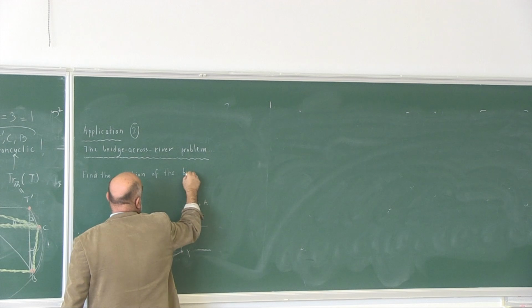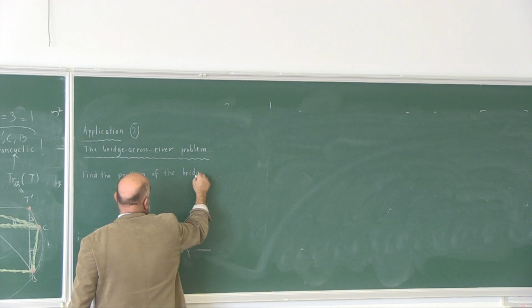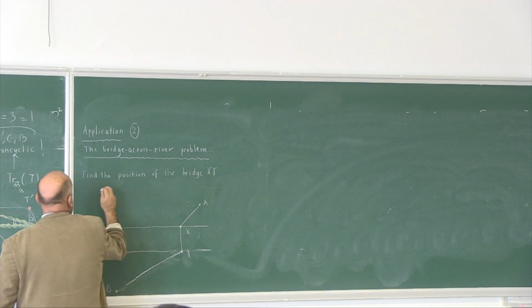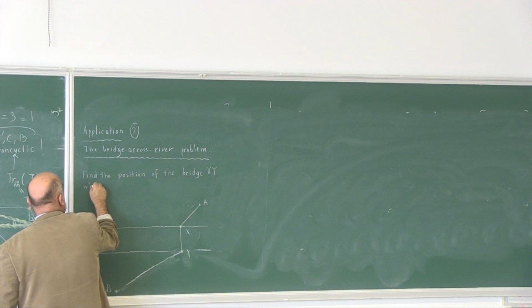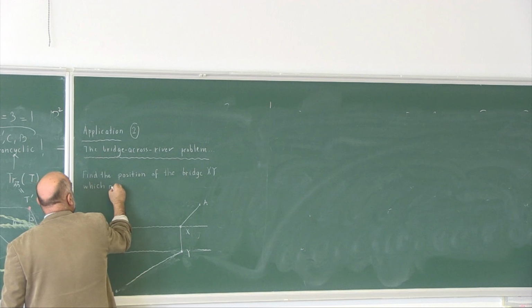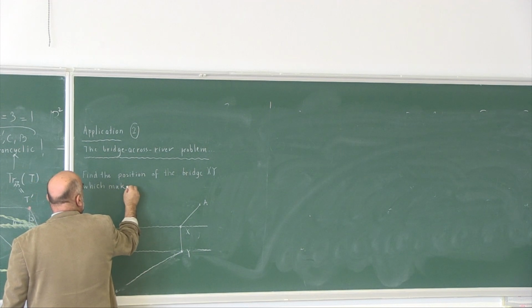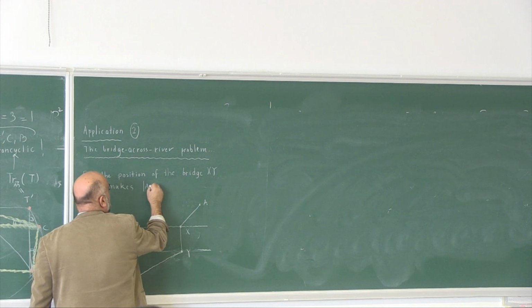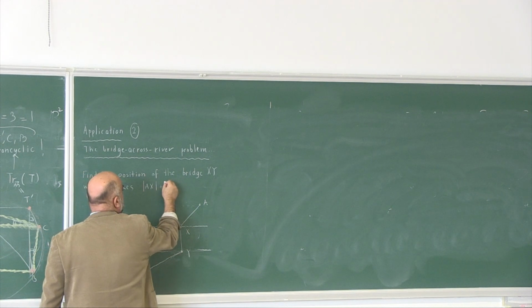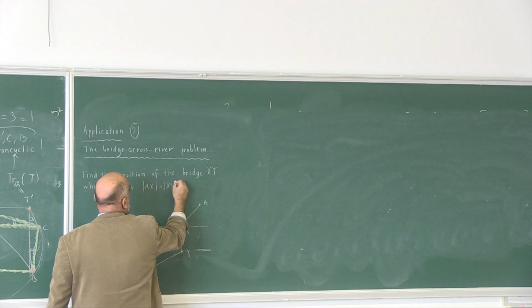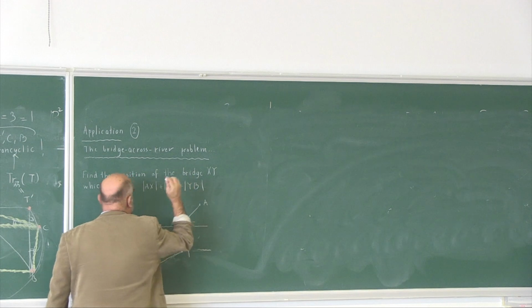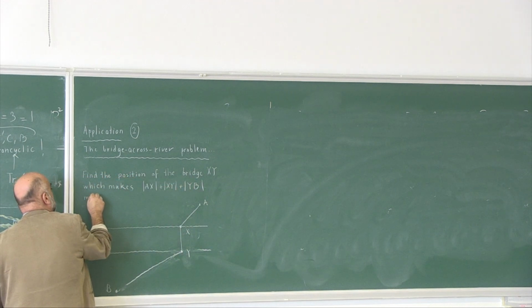So where should the bridge be built? The bridge XY, which makes the distance AX plus XY plus YB minimum, so as small as possible.